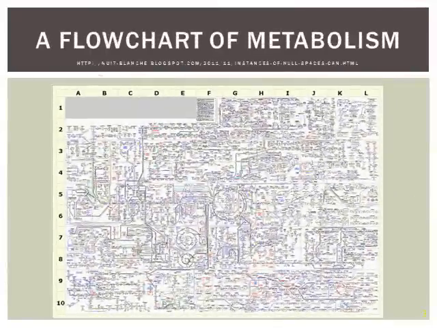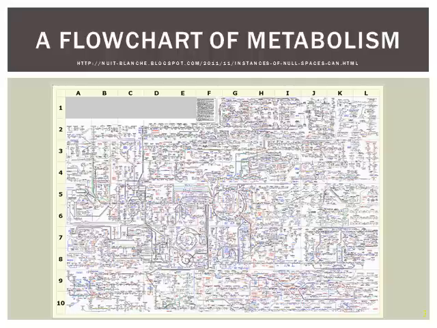I love this little graphic. This is a visual mapped out as a flow chart of all the metabolic reactions that occur in a living system. So it gives us an idea just how complex we are and how interactive those metabolic pathways are.